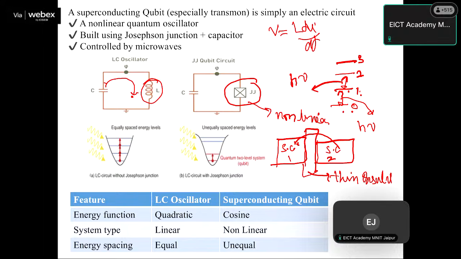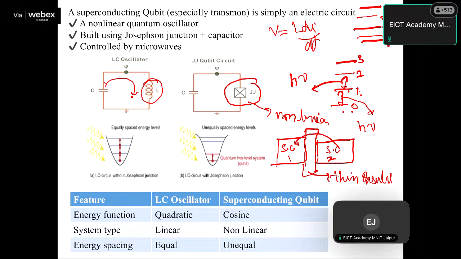Now the effect of this is that it results in unequal energy levels. That is, the energy band between 0 and 1 would be different. The energy difference between level 1 and level 2 would be different. The energy difference between level 2 and level 3 would again be different.